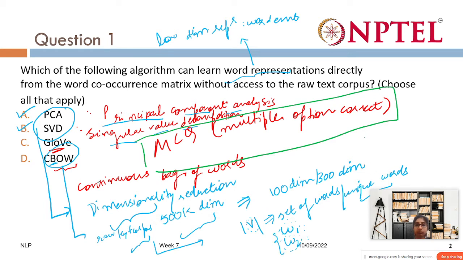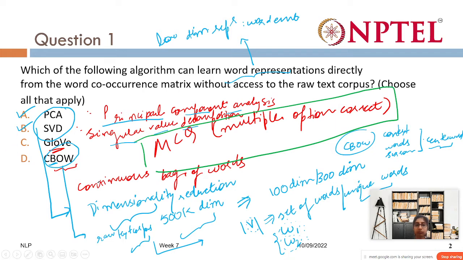Now, what is continuous bag of words? What am I given and what am I to find? In continuous bag of words, I am given the context words, that is, the surrounding words, and I am to predict the center word. So in this case, I need access to the raw text corpus.